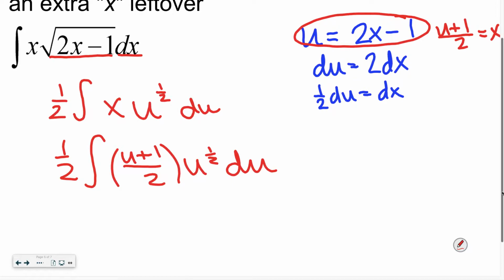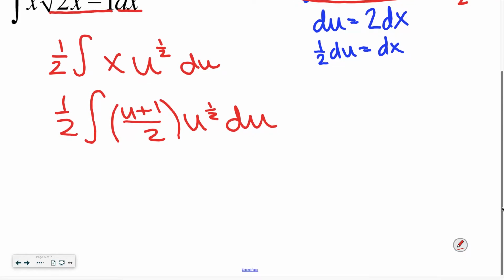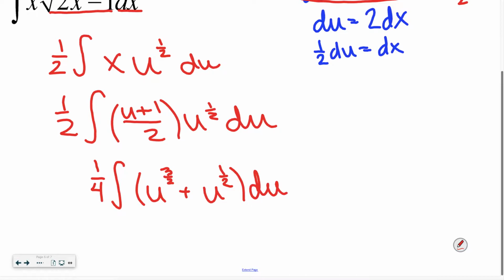I'm going to take this 1/2 and combine it with the other one, so I'm going to make this 1/4, since 2 times 2 is 4. And then I have u plus 1 times u to the 1/2. Well, u times u to the 1/2 is u to the 3/2, and 1 times u to the 1/2 is u to the 1/2. Now I simply have 2 power rules for an antiderivative.